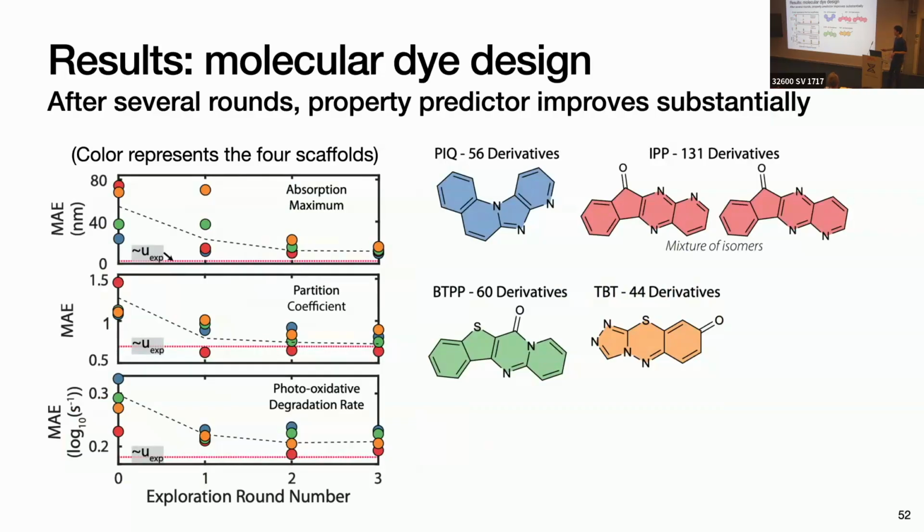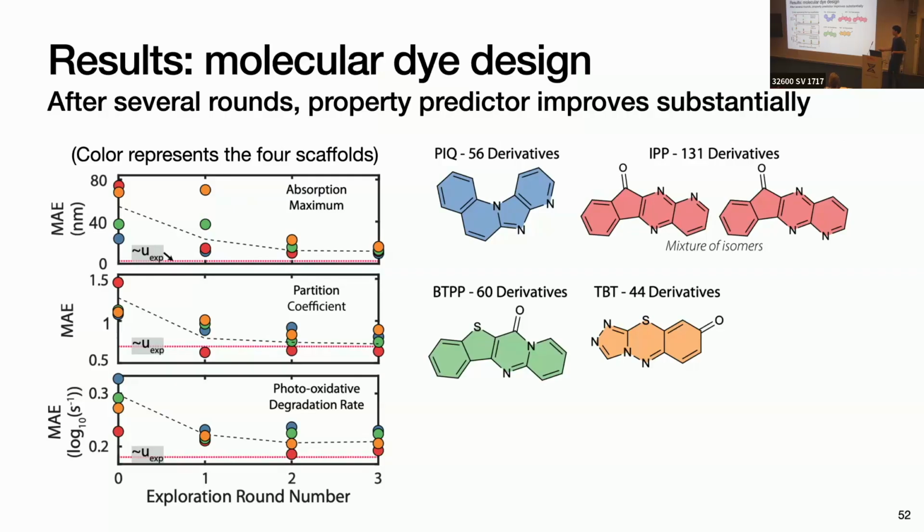You can see on the left-hand side, this is the mean absolute error of your property prediction model. Initially, we don't really have much data to measure the wavelength or the solubility or the stability. So initially, it was pretty bad, right? Each dot corresponds to each scaffold family.